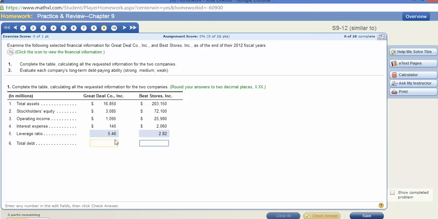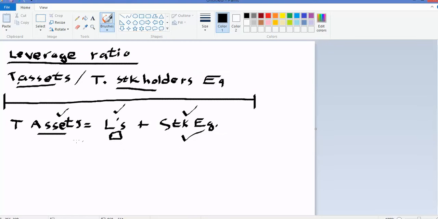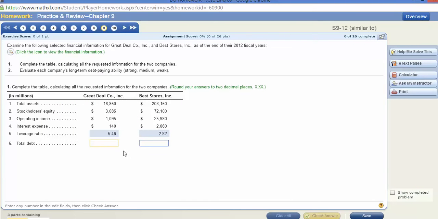So basically, to get total debt, you just subtract stockholders' equity. If you take total assets and subtract this, minus that has to equal the liabilities. So you just back into it. Nothing to panic about. So we're going to take 16,850 and subtract stockholders' equity of 3,085, and that gives us 13,765.